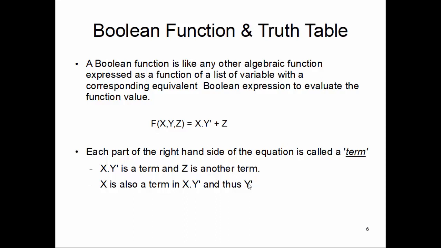Or y not, whatever is more appealing to you, y bar or y not. But the point is this: these are all called a term. Z is a term, y bar is a term, x is a term, x y bar is a term, and so on and so forth.